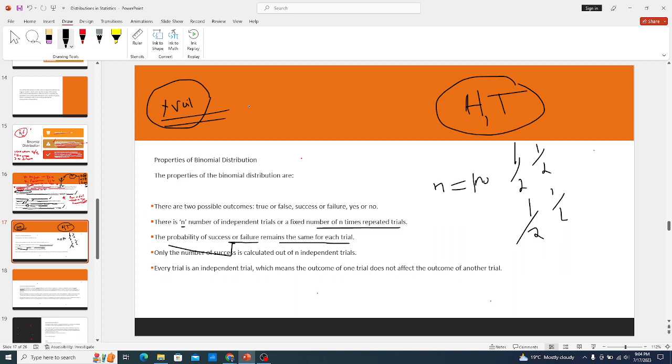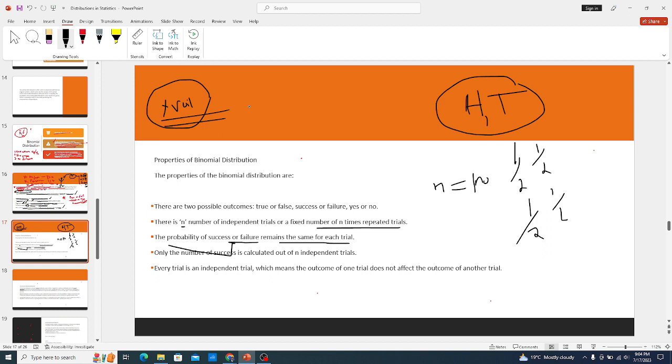Because with the rolling of a die, you can get an outcome of 1, 2, 3, 4, 5, or 6. Even though the probability of each outcome is 1/6, we have more than two outcomes there.